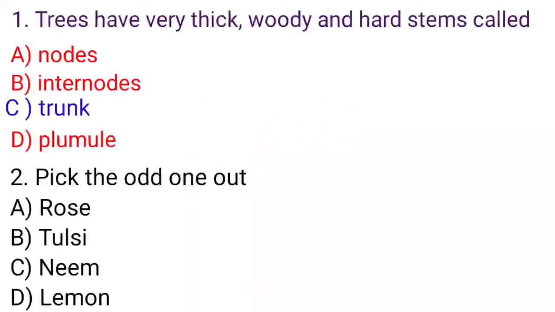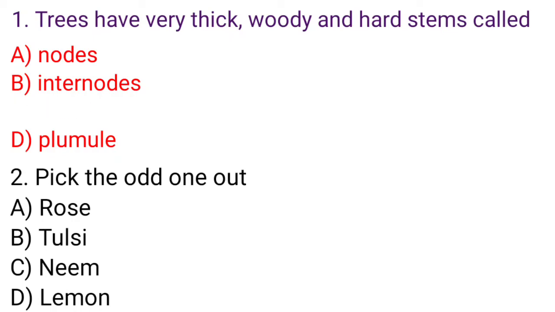Come on, my dear students. Now we will do MCQ question answers. Question number 1. Trees have very thick, woody and hard stems called. Your options are A. Nodes, B. Internodes, C. Trunk, D. Plumule. Yes, beta. Come on. What will be the answer? Yes. The option C is the correct answer.